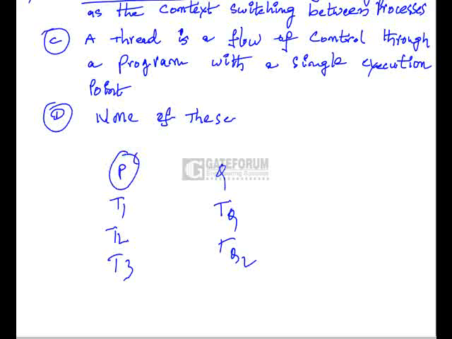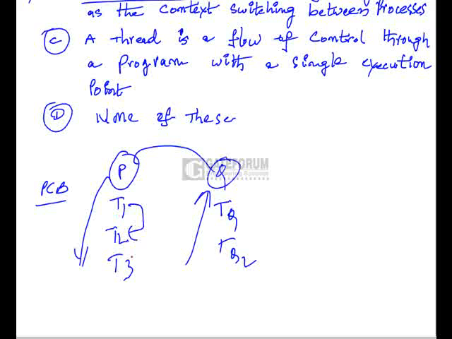Switching from process P to Q requires saving the state of P and reloading the state of Q, because the PCB contains a lot of entries. But when switching from one thread to another in the same process, we need to save only a limited number of entries, because the thread control block contains only a few entries, as it is a lightweight process. Both switchings are not the same.